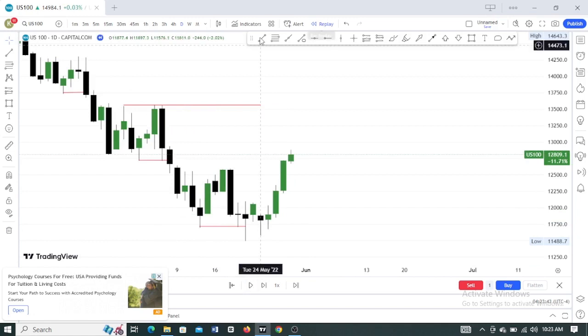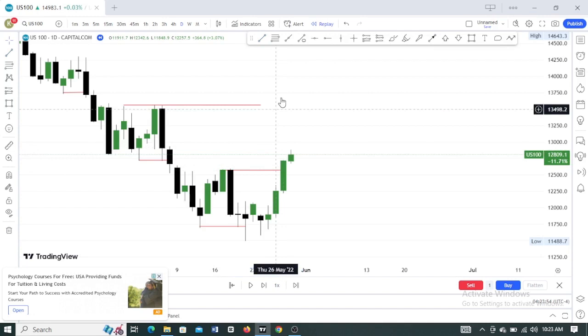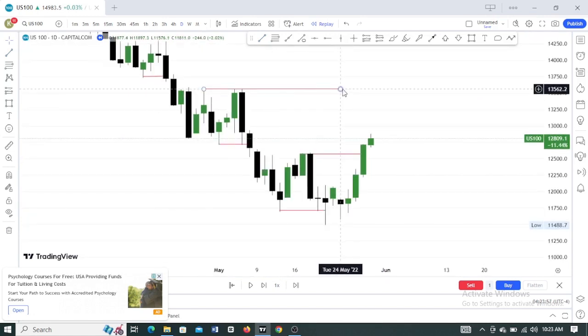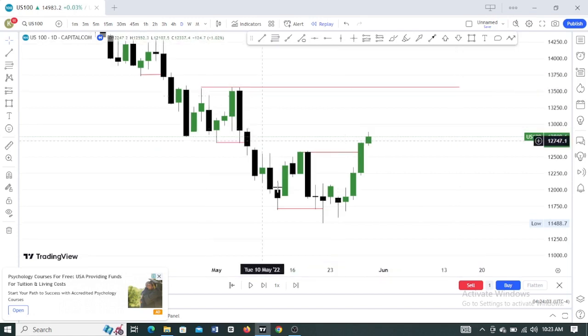Now this, we have a break of structure to the upside. A break of structure to the upside is a signal to us. Whenever you see this, you must know that the market has been breaking structure to the downside because we had a bearish movement.